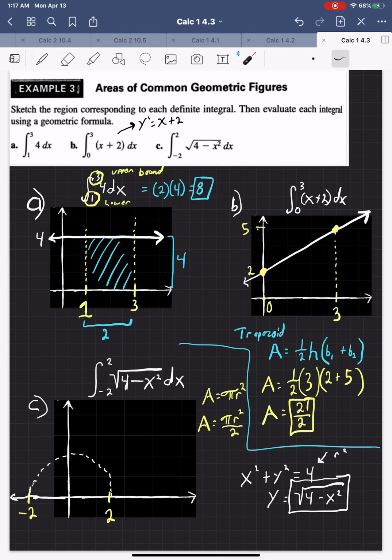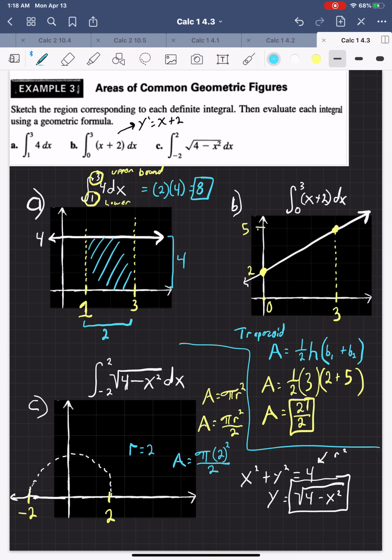So to do this, all we need to know is the radius. Now, in this case, the radius of this circle would be 2. So if you plug 2 in for the radius, so what is the area? Area is going to be equal to pi multiplied by 2 squared divided by 2.